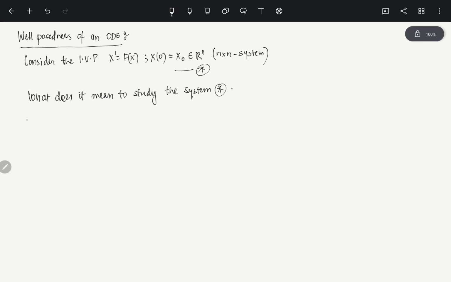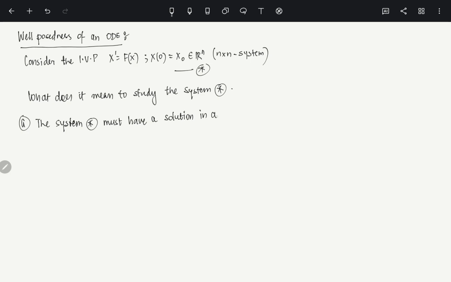So, properties. First of all, A: the system in question star must have a solution, of course, in an appropriate sense.